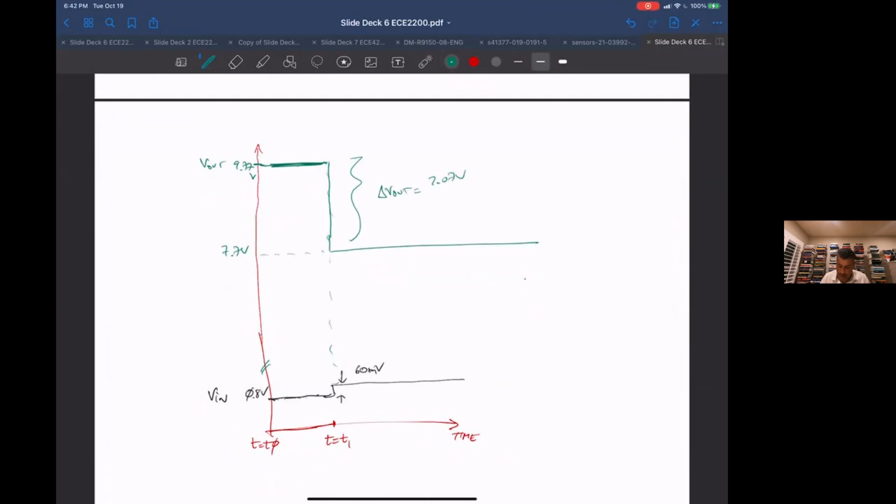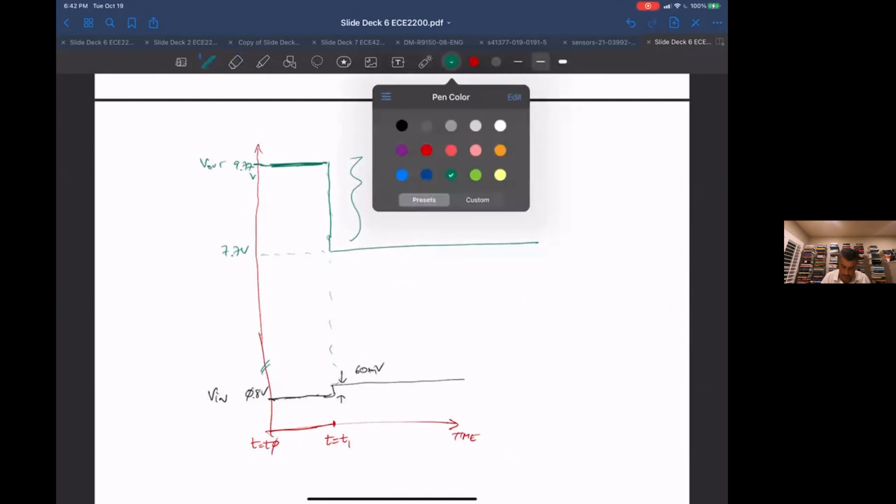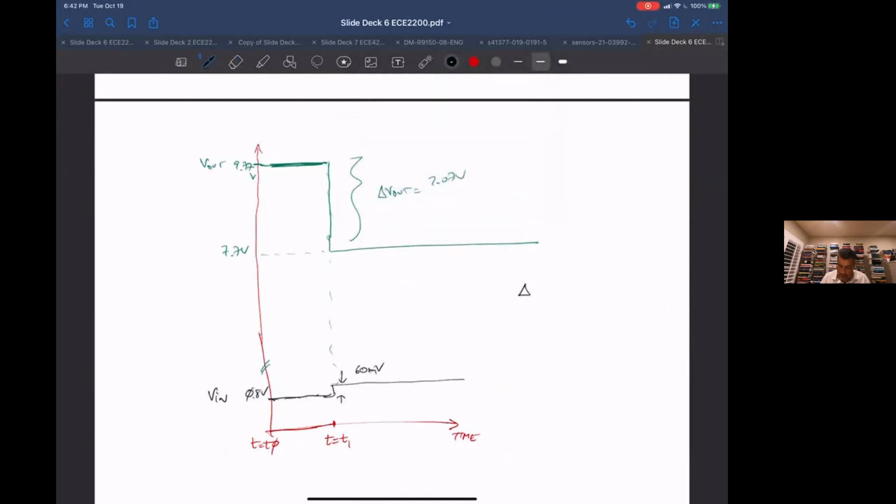If I define gain as the change in output voltage over the change in input voltage, in this case it is 2.307 volts over 60 millivolts, which is minus that. It's 34x gain.